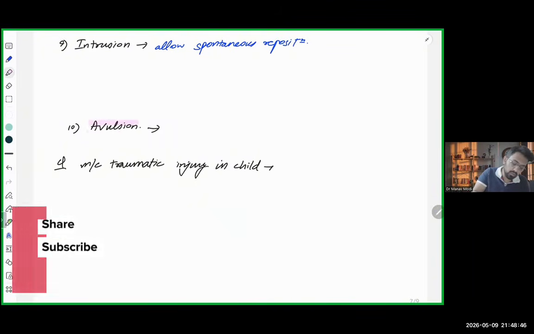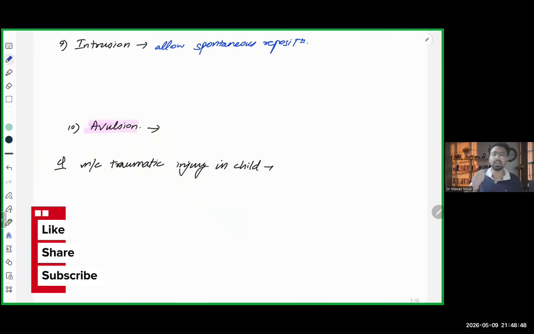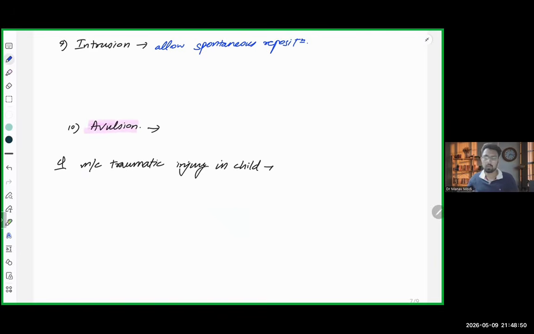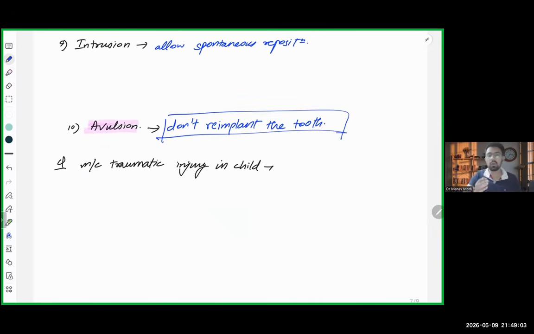Very important question. What will we do in case of avulsion of a primary tooth? You don't reimplant the tooth. Guys, very important question. It came in NEET MDS 2026 also. You will not reimplant the tooth. Whenever the examiner is asking you a question, check the age.